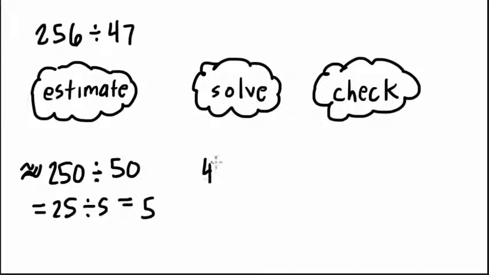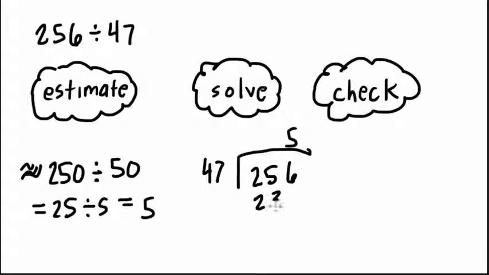Then we're going to solve it. So we set up our divisor, we put our dividend on the inside, and we're going to get our quotient, which has been estimated to 5. Now keep in mind we have to do 47 times 5. 47 times 5 is 235. And then we just do our subtraction. In this process, we want to make sure that our remainder is not bigger than our divisor.